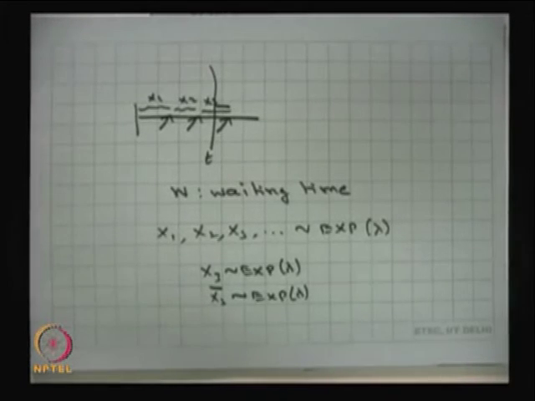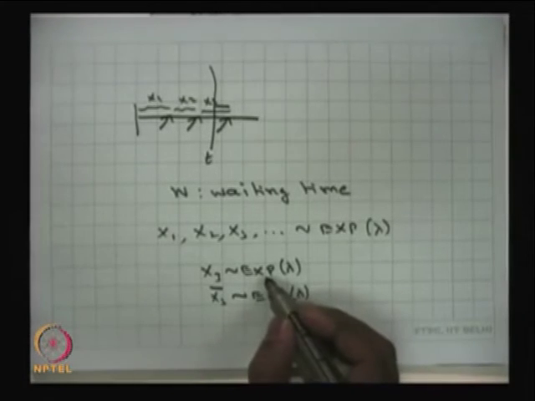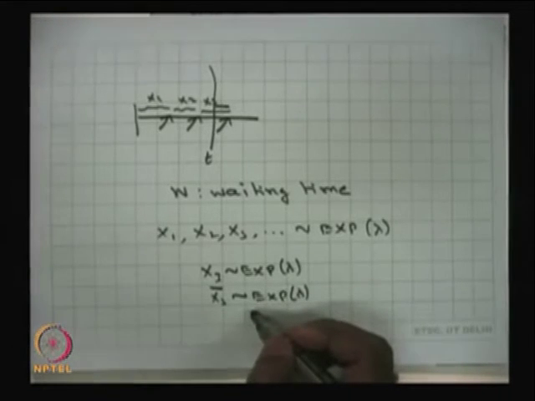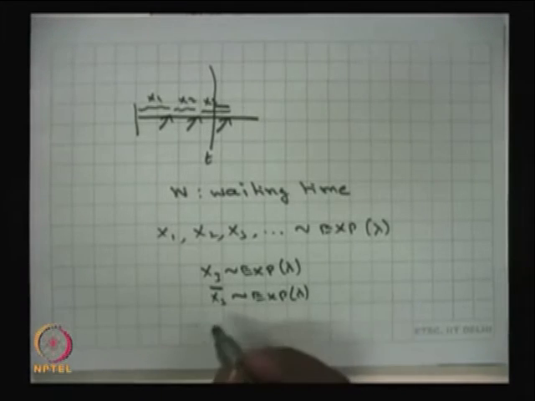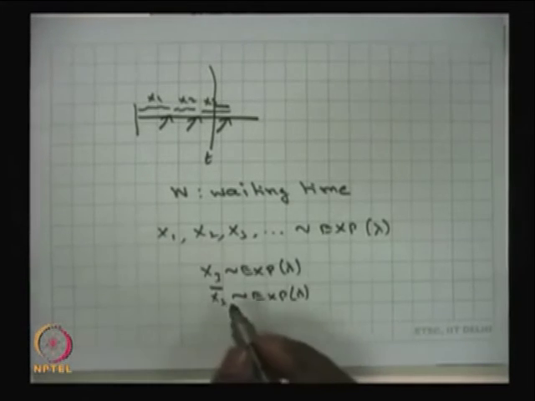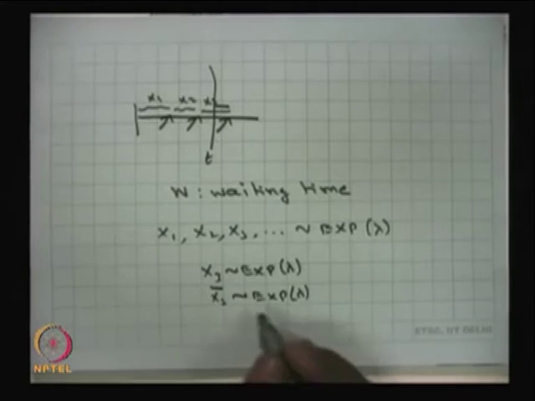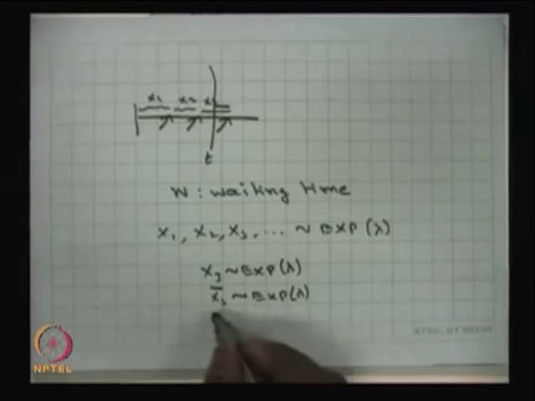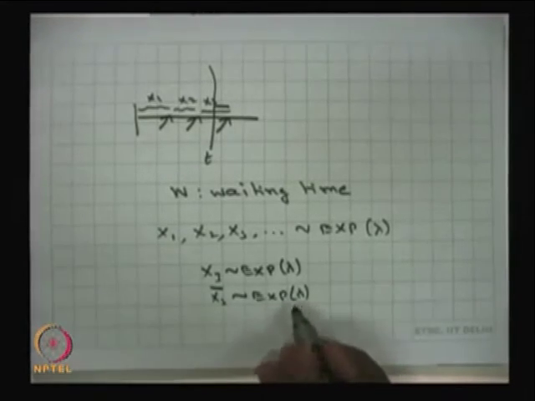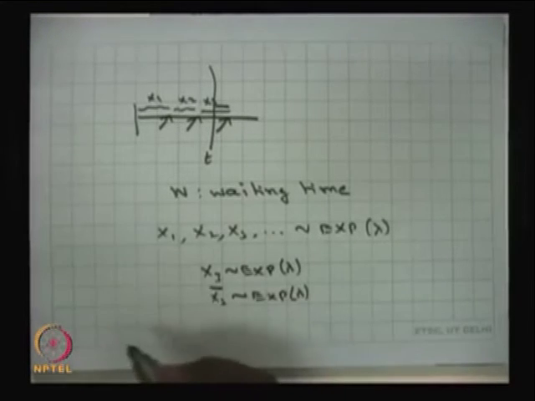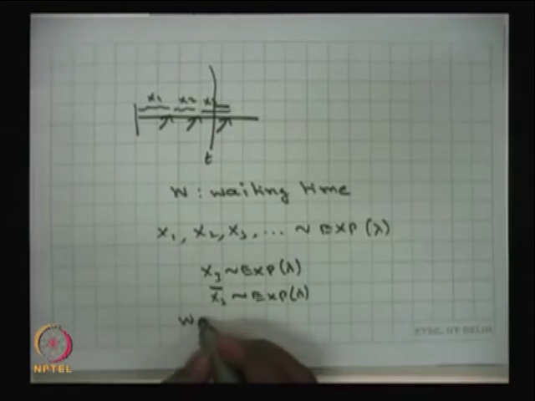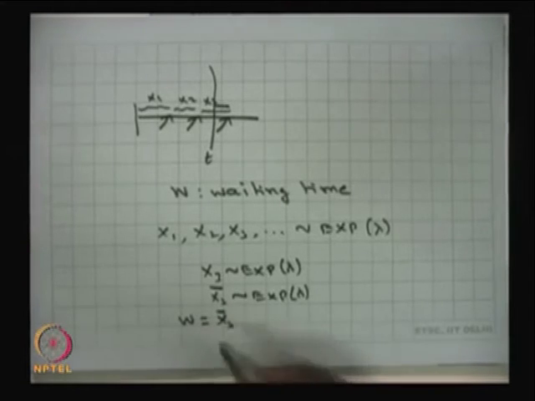Whenever some random variable time is exponentially distributed, then the residual time is also going to be exponentially distributed using the memoryless property. Therefore, the residual arrival time of a bus to come to the bus stand is also exponentially distributed with the same parameter lambda. This is the same as W, the waiting time. W is the same as the residual time.